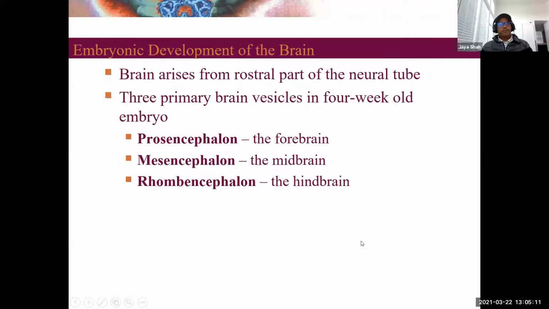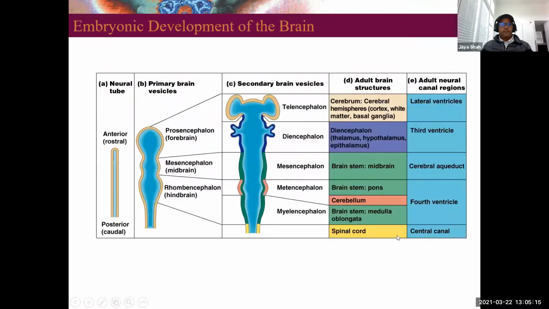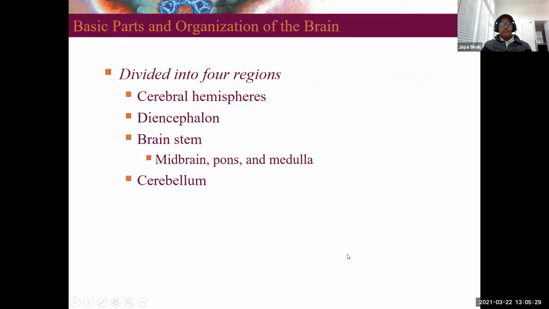Embryonic development of the brain: we start with a tube, 3 swellings, 5 swellings, and then the outer part develops into the adult brain, and the cavity inside is the ventricles. So we have done this, and we're not going to spend time here.